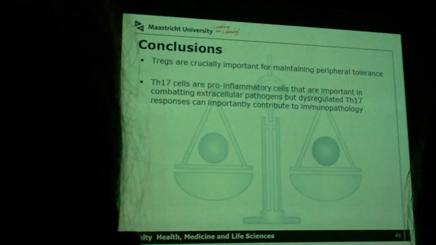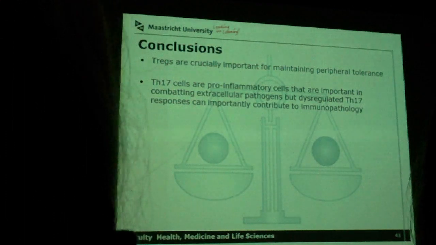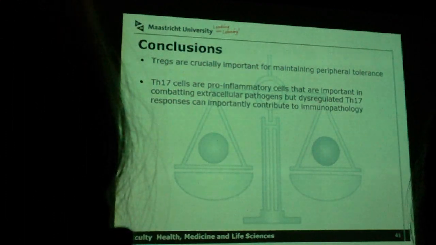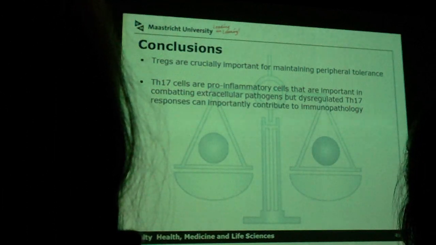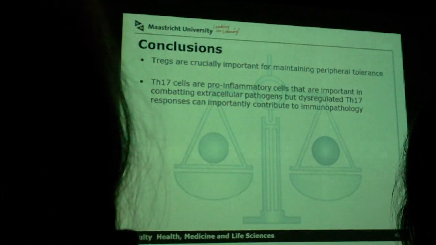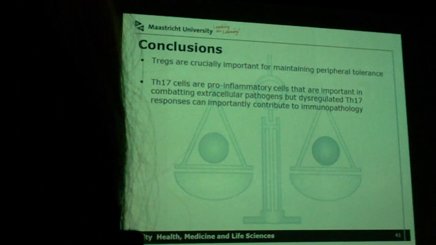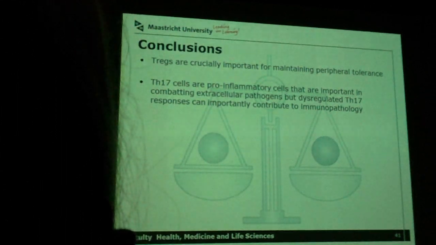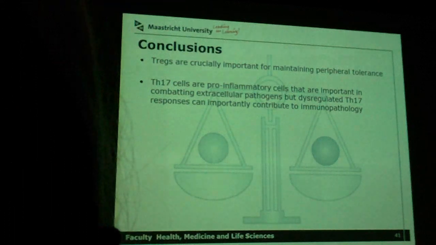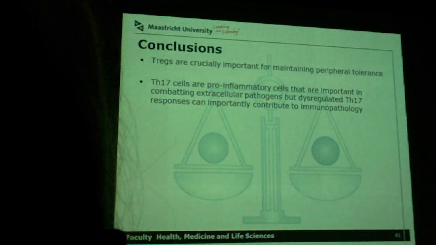Th17 cells are a relatively new subset of T cells which have pro-inflammatory capacities. They are needed for a normal physiological response against extracellular pathogens, but they are also found in a lot of autoimmune diseases and other pathologies to be critically involved in pathology.